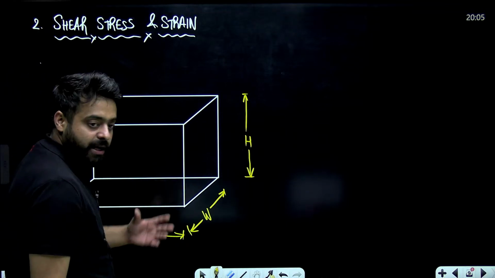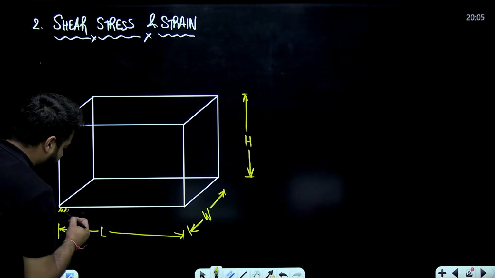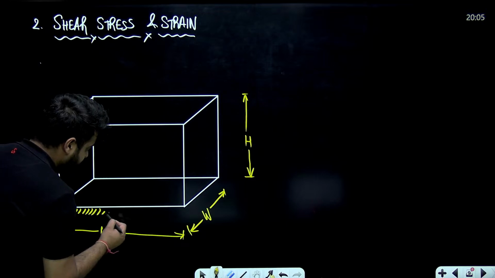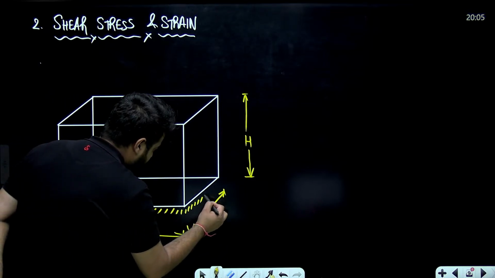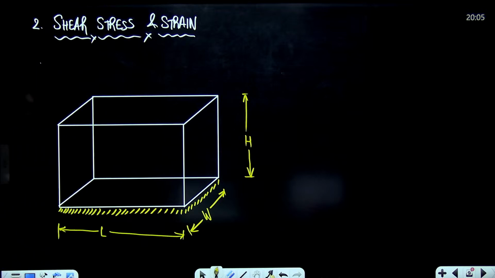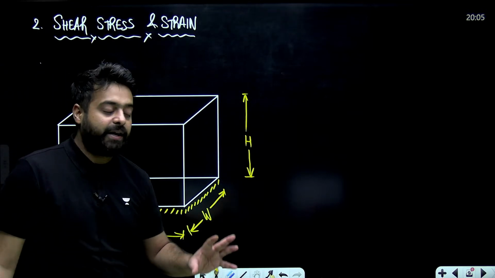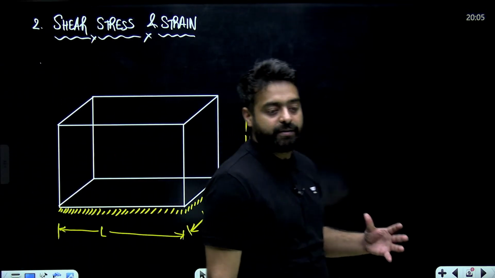Let's suppose I just make the bottom surface a fixed surface. If this surface is fixed with the ground, you cannot move this body, but can I deform this body?